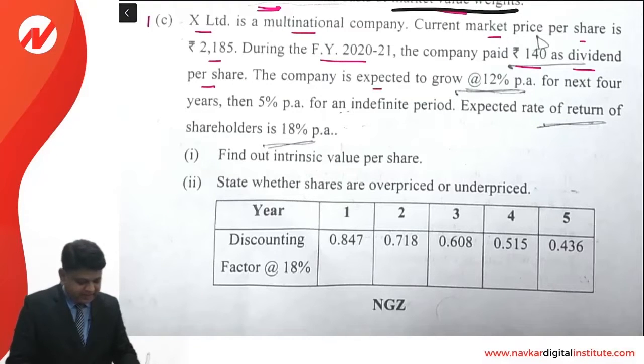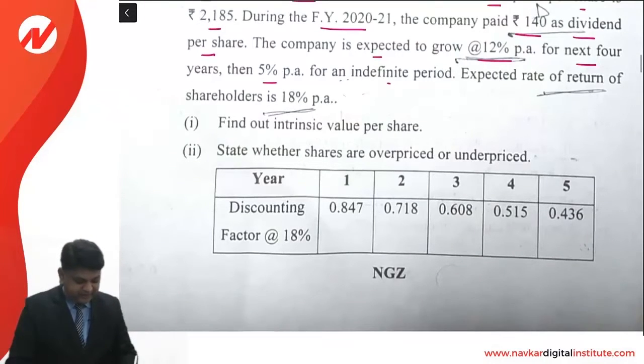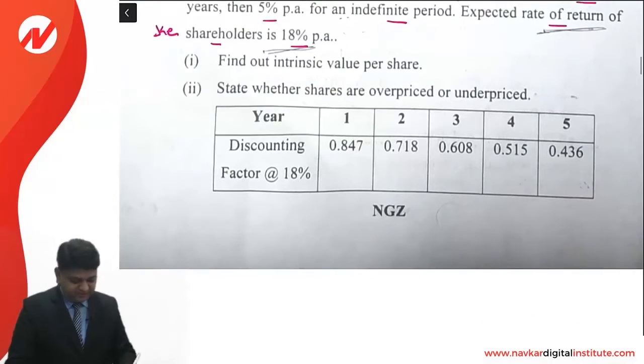The company is expected to grow at the rate of 12% per annum for next 4 years, and then at the rate of 5% per annum for perpetuity, that is, for an indefinite period. Expected rate of return of shareholders is 18%. So friends, cost of equity is given as 18%. Find out intrinsic value per share.